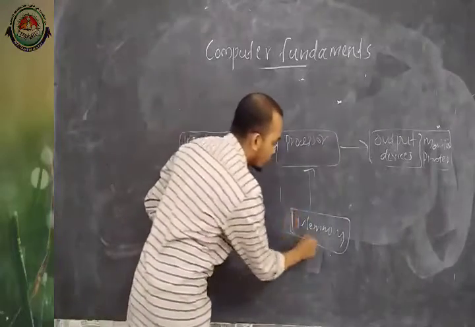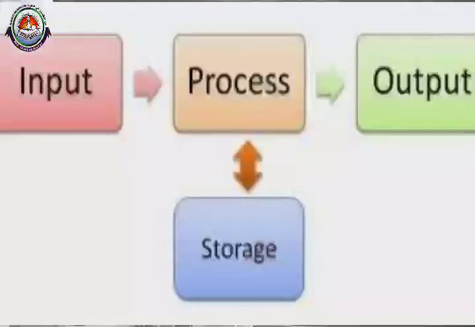Here one memory is also there. We can give instruction through input devices to processor, and memory will store that instruction. After completing one process, this memory will send next instruction. Then finally we will get the result through output devices like monitor, printer, etc.